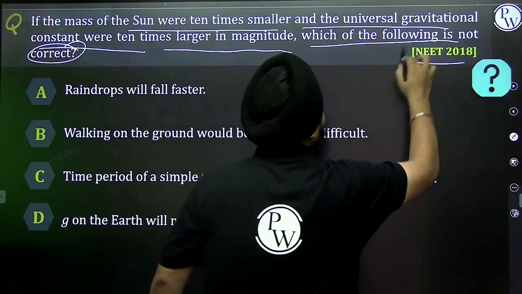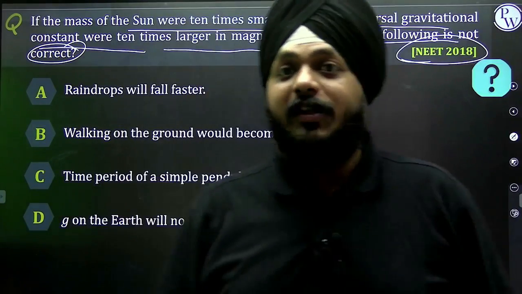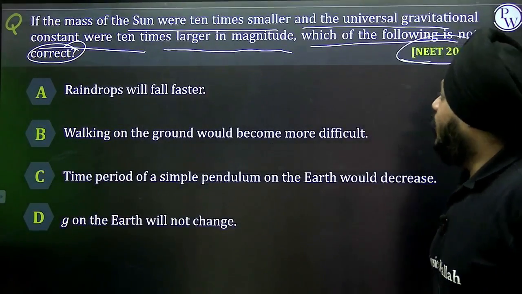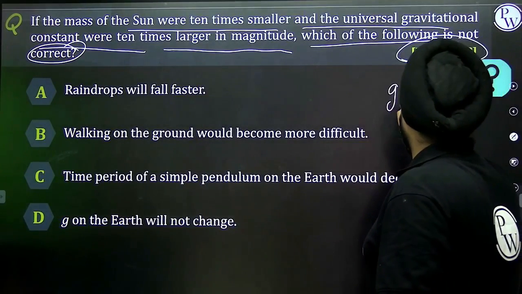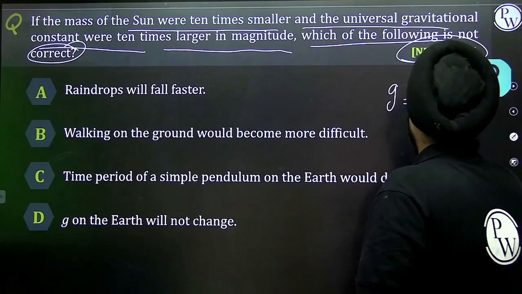In NEET 2018, this kind of question was asked, on the variation of G. Yes, it's important. What is the value of the gravitational acceleration? g is equal to, at the surface, GM divided by r square.